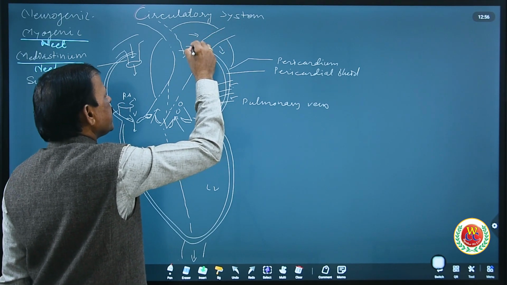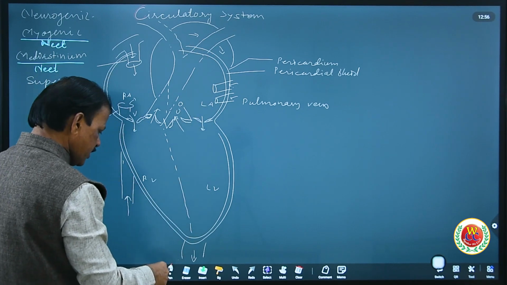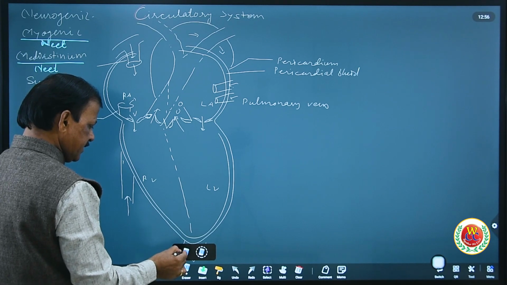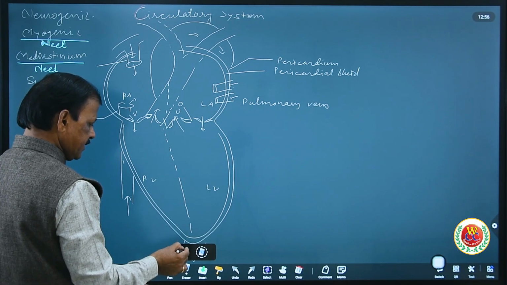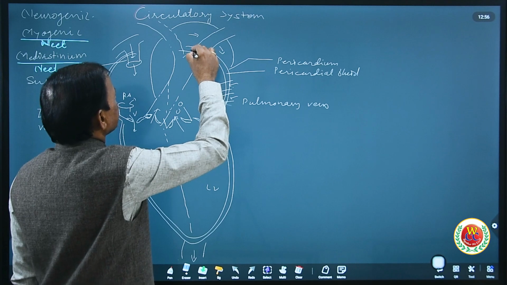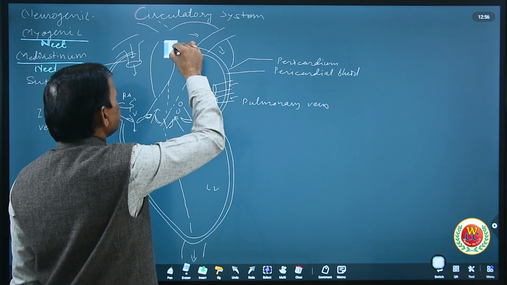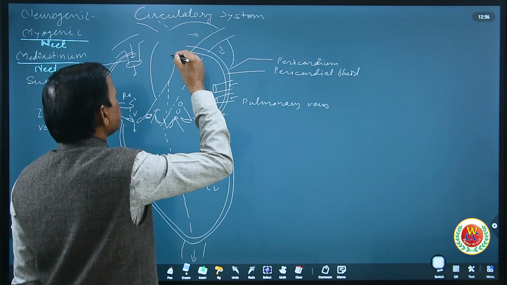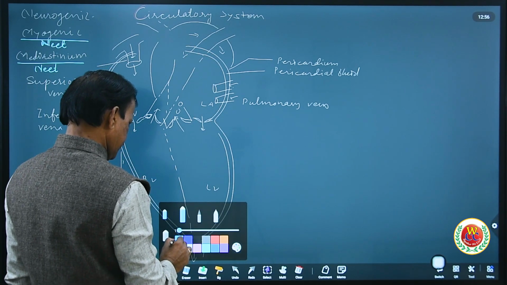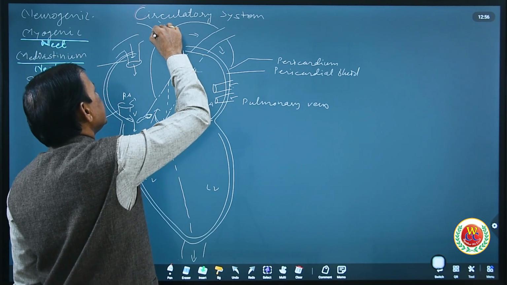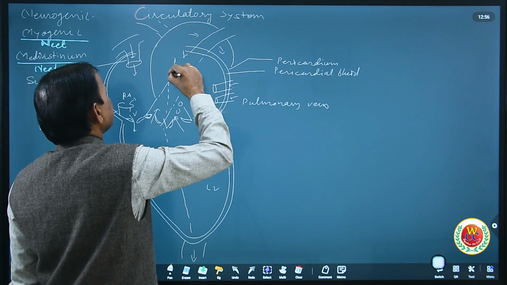Now where it overlaps, the non-overlapping part is supposed to be removed. Therefore, let me remove the extra part here. This is the pulmonary artery coming from the downside of the aorta.